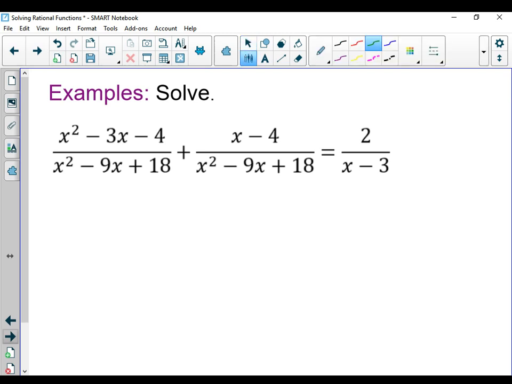All right, so how do you factor x squared minus 9x plus 18? Anybody? It factors back to x minus 3 and x minus 6.